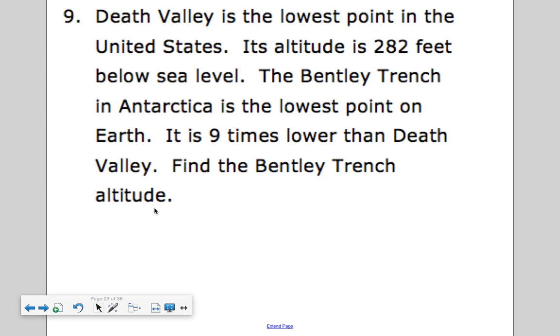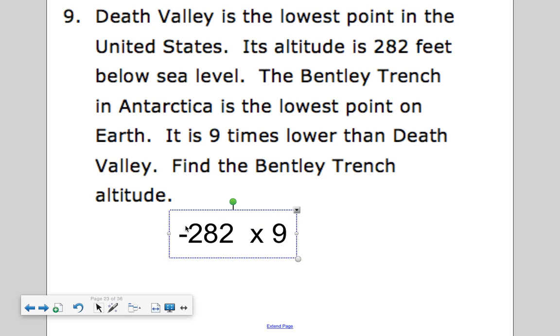Death Valley is the lowest point in the United States. Its altitude is 282 feet below sea level. The Bentley Trench in Antarctica is the lowest point on Earth. It is 9 times lower than the Death Valley altitude. So, Death Valley is negative 282, and the Bentley Trench is 9 times that.